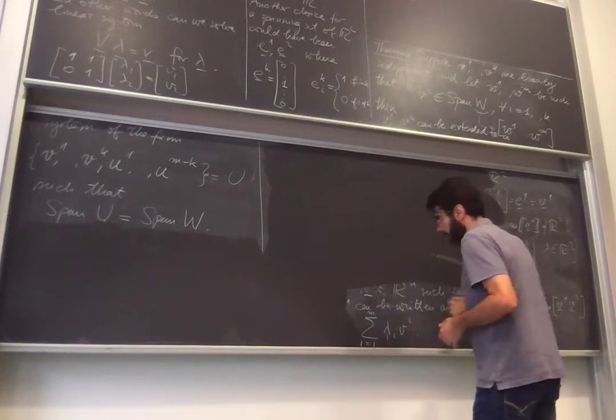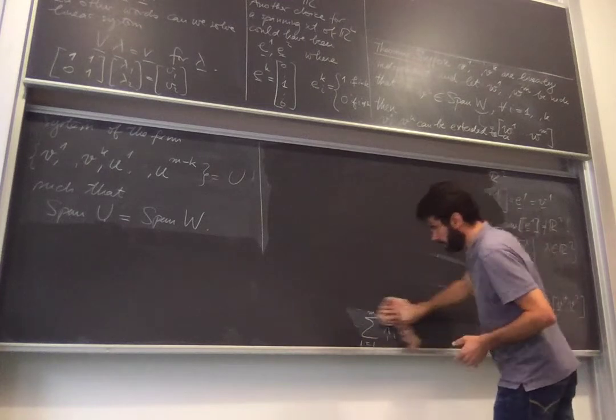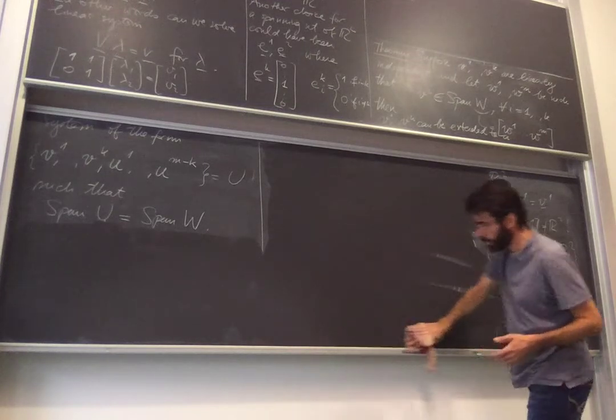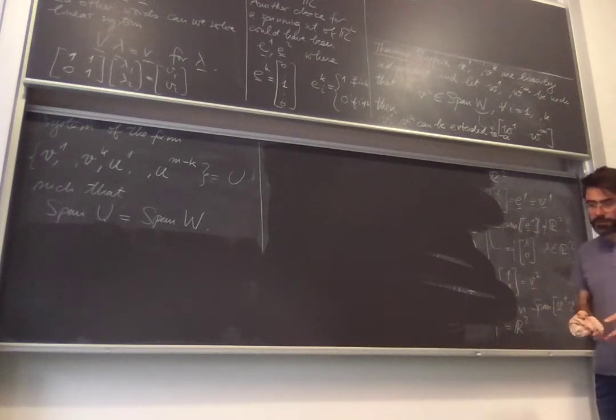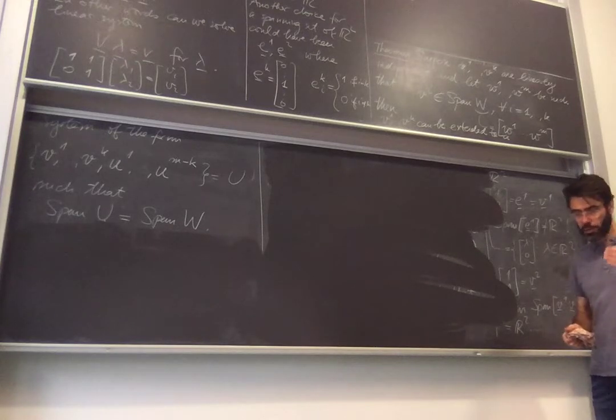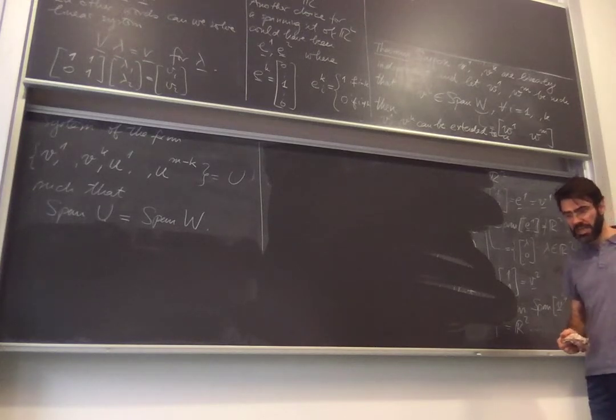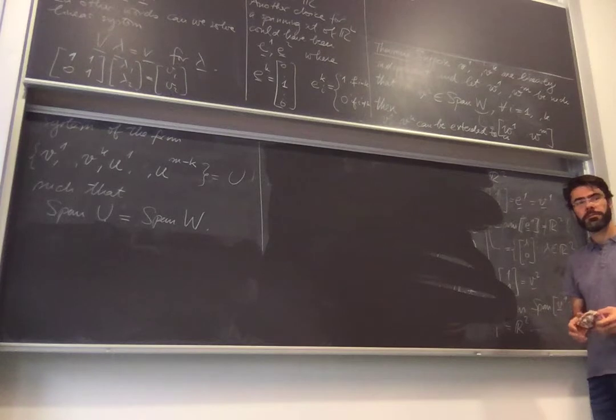Linear independence means this: can you find coefficients lambda 1, ..., lambda n, not all 0, that would make the linear combination lambda 1 E1 plus lambda 2 E2 all the way to lambda n En equal 0? Is that possible?